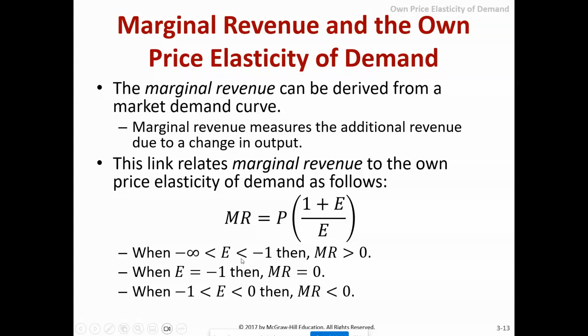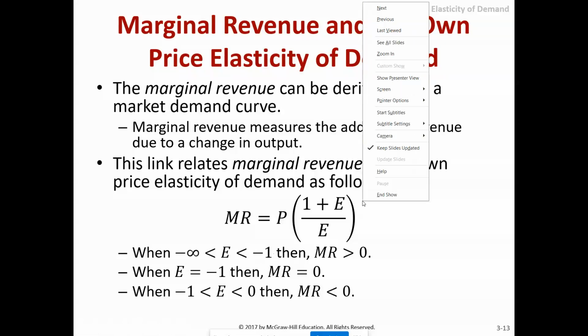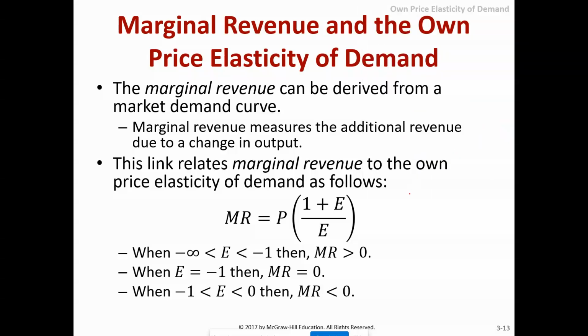If the elasticity coefficient is smaller than -1, let's say -2, then 1 minus a value that is larger than 1, like -2, the numerator will be negative. Here, 1 minus 2 is -1. And the denominator is always negative. So negative over negative, marginal revenue is positive.